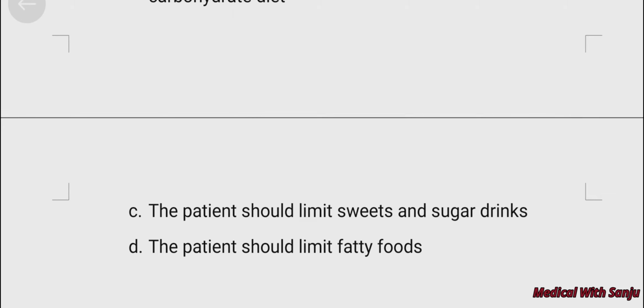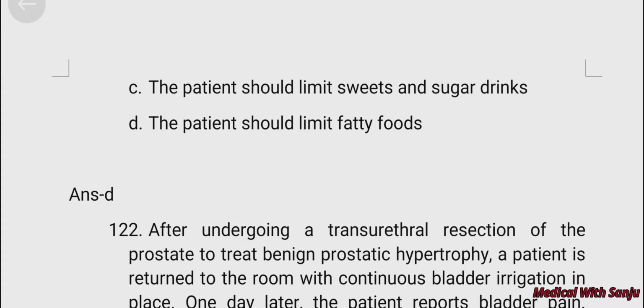Option D. The patient should limit fatty foods. Option D is the right answer. Inflammation of the gallbladder is most commonly caused by the presence of a gallstone, which may block bile from entering the intestine. Patients should decrease dietary fat by limiting foods like fatty meats, to avoid irritation of the gallbladder.